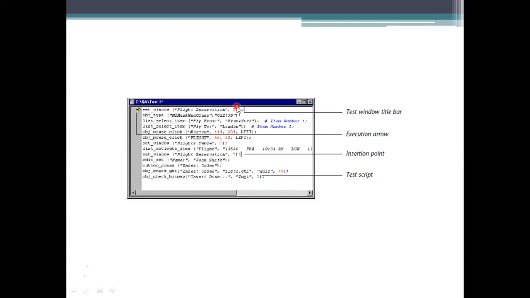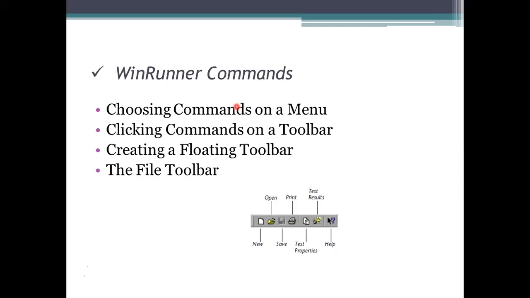We can execute it by using the WinRunner commands. These WinRunner commands can be taken from this menu bar, which is specified as the toolbar representations. Whatever toolbars we have will allow you to take the commands from that menu, and we will process that.